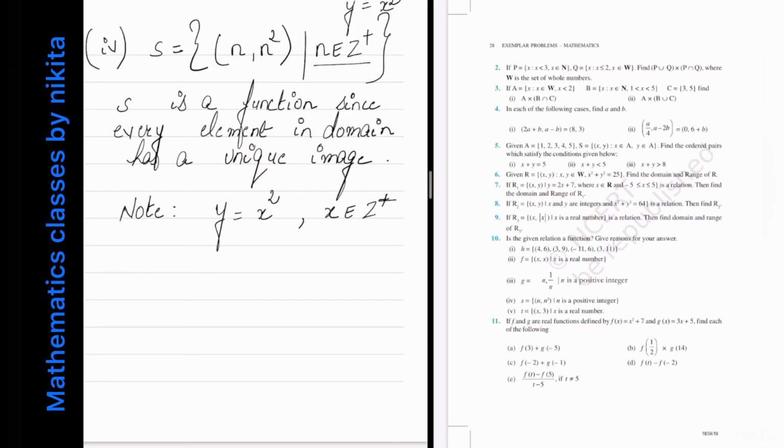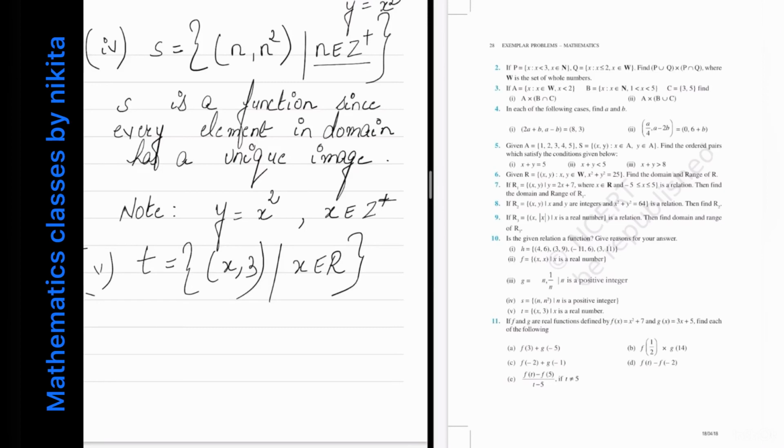Now next, the last part is given to be that t is equal to (x, 3) such that x belongs to R. Now here what is happening is that for every x there is a unique image, because whatever x you pick the image is only one, that is 3.